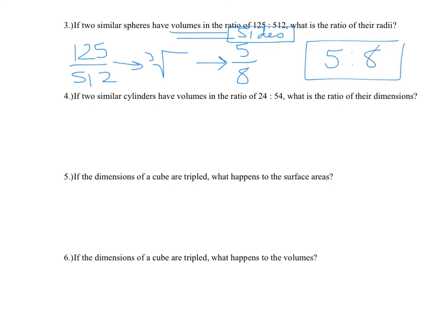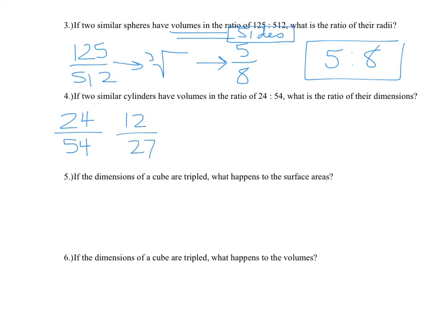All right, number 4. If two similar cylinders have volumes in the ratio of 24 to 54, what is the ratio of their dimensions? So we take this 24 to 54, and we want to find the cube root of these numbers in order to find the ratio of their dimensions. And we can actually reduce this. If I divide each of these by 2, we can get 12 to 27.